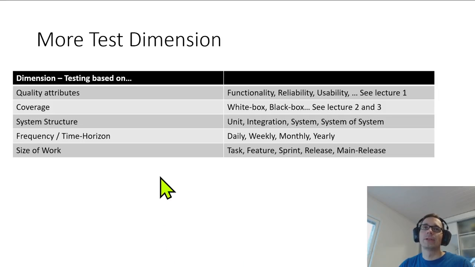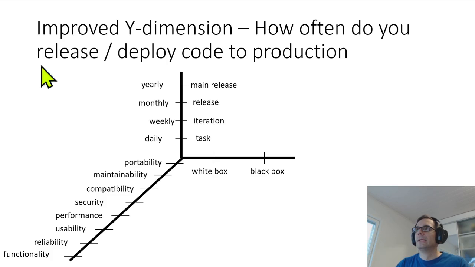And the way you start to reason about what type of testing to do in which time dimension and which system structure and so on, now it really starts to become very complicated, because at this level everything is connected to everything. So for example, for the improved Y dimension, it might not even make sense to have yearly and monthly quality assurance plans.